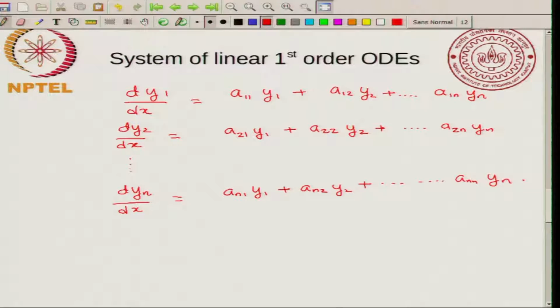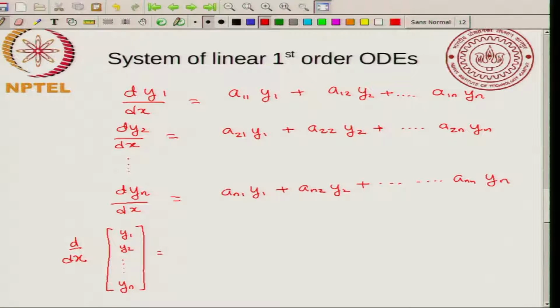Okay. Now, this system of differential equations I can write in a very nice form. So, I will write this in the following form. I will make a column vector that looks like y1, y2 up to yn, and I will take d by dx of this.